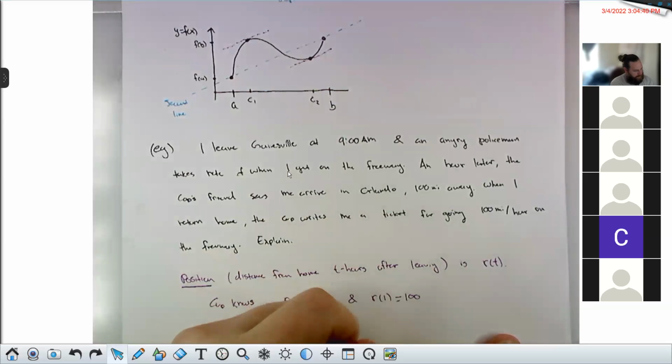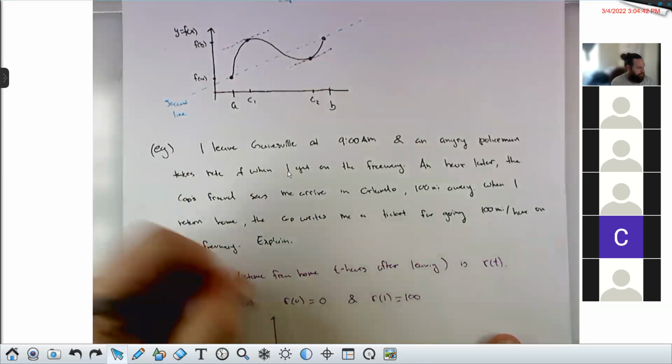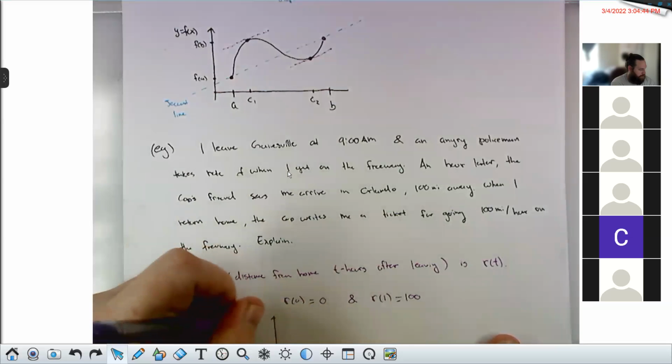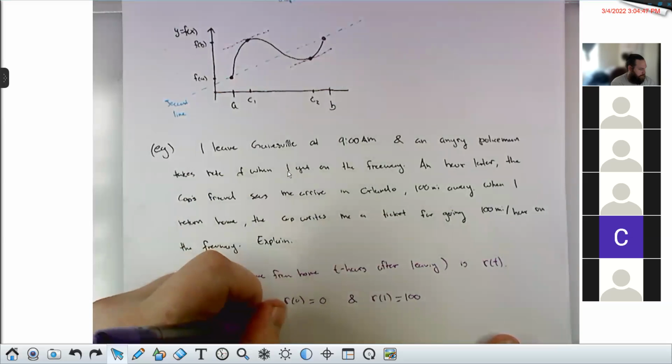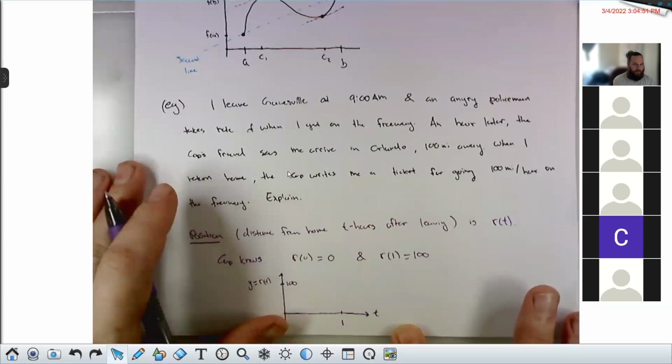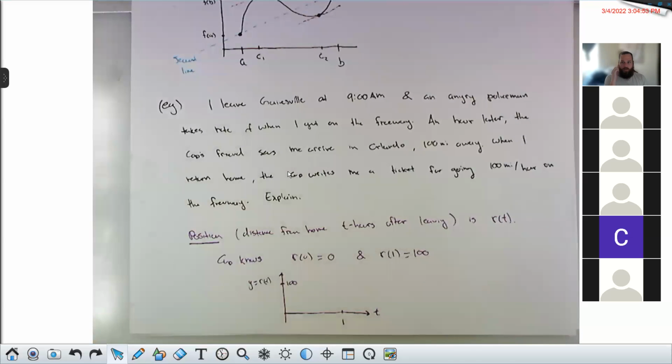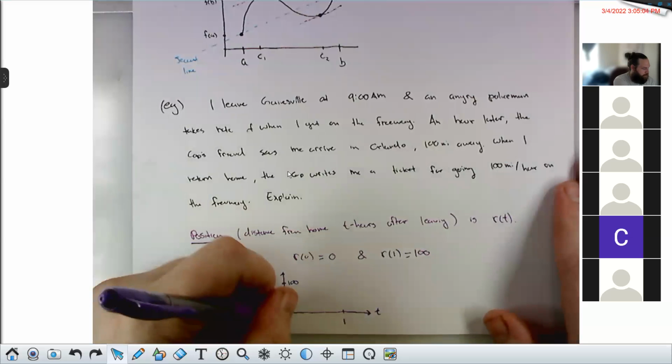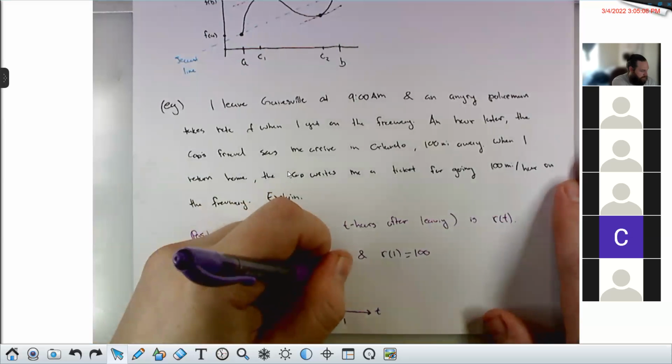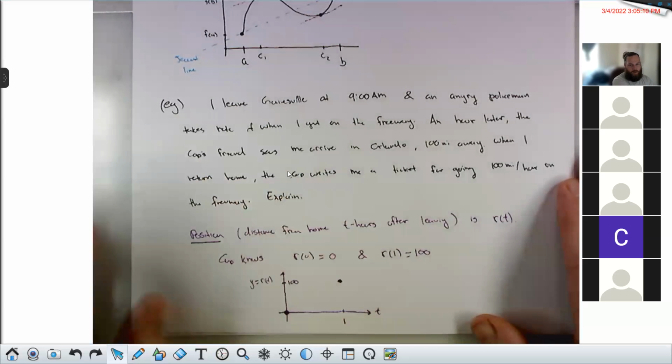So here's my t-axis. Here's the graph y equals R of t. And here's the height 100. In order to issue me a ticket, the cop would need to prove that at some time along the trip, my actual speed was 100 miles an hour. All he really knows is that this point is on the graph and that this point is on the graph.